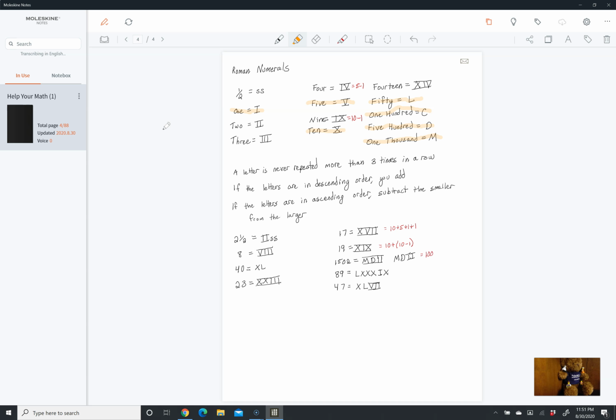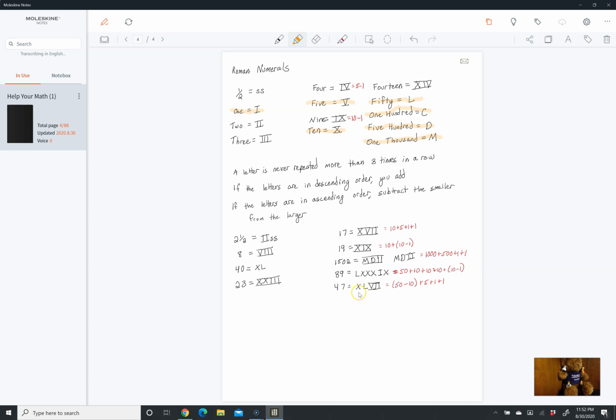This one is 1,000 plus 500 plus 1 plus 1. This one is 50 plus 10 plus 10 plus 10, and then we have a 10 minus 1 here. That's the 9. And here we have a 50 minus 10, that's the 40, plus 5 plus 1 plus 1.